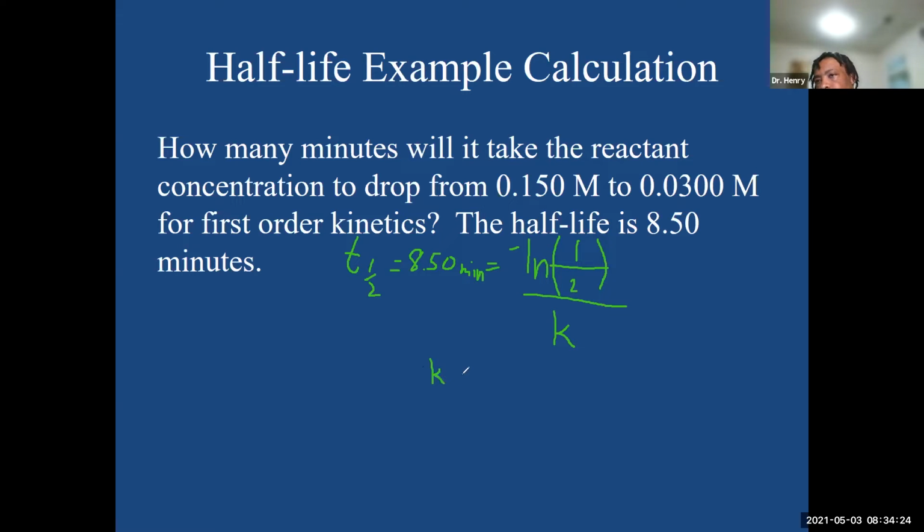Solve for K. K is going to be equal to minus ln 1/2 divided by 8.50 minutes. So then K is going to equal 0.693, if I remember correctly, over 8.5.